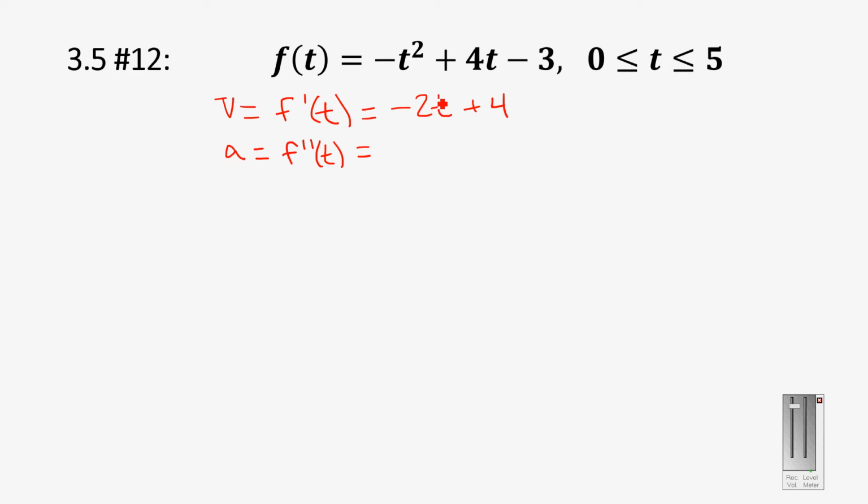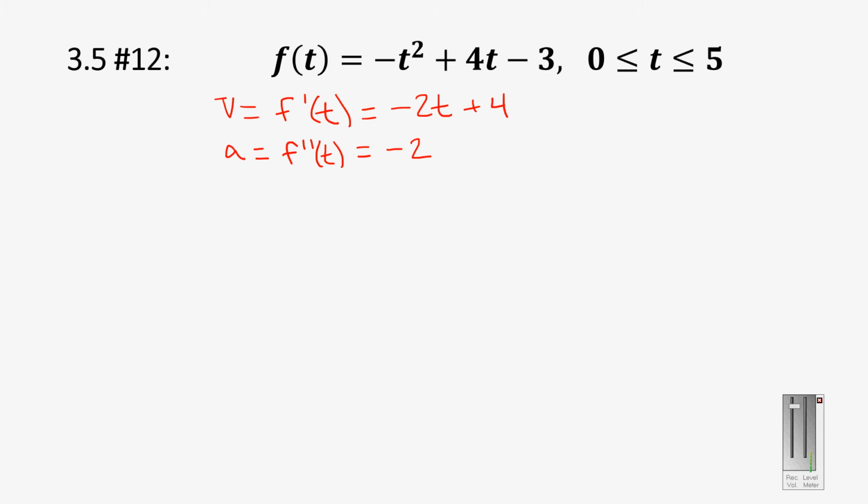And f double prime of t would be the first derivative being this, and the second derivative being the derivative of this. So in this case, the second derivative just becomes a constant, negative 2. So now we have velocity and acceleration functions.